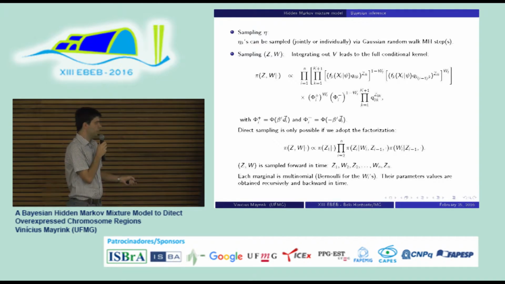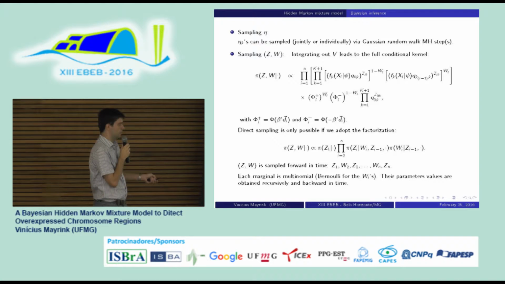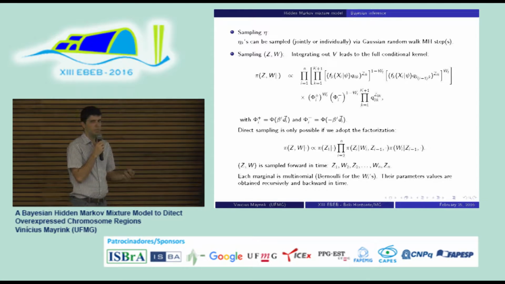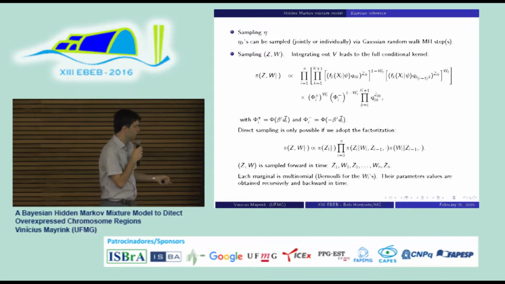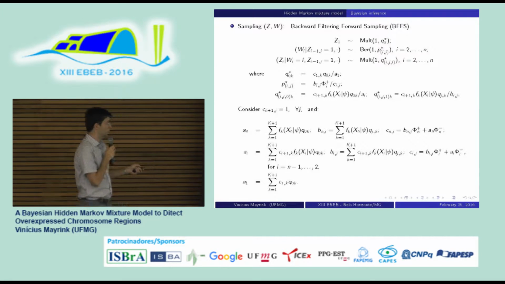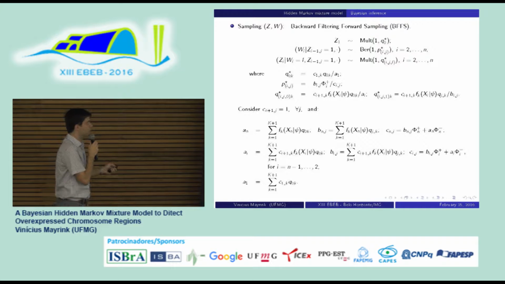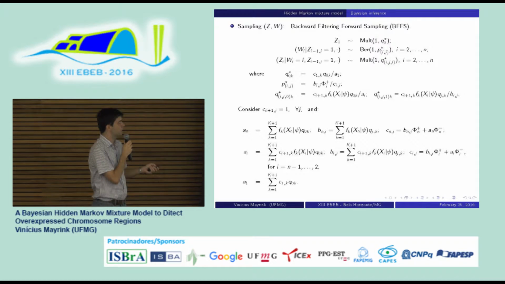So basically we will do forward sampling, but in order to update these values, we are going to calculate their parameters through a backward filtering. Okay, so we do backward filtering and forward sampling. This leads to this algorithm which we call backward filtering, forward sampling, which involves a part here for filtering, which leads to the calculation of these parameters, and then we move forward with the sampling, okay, with this part here.